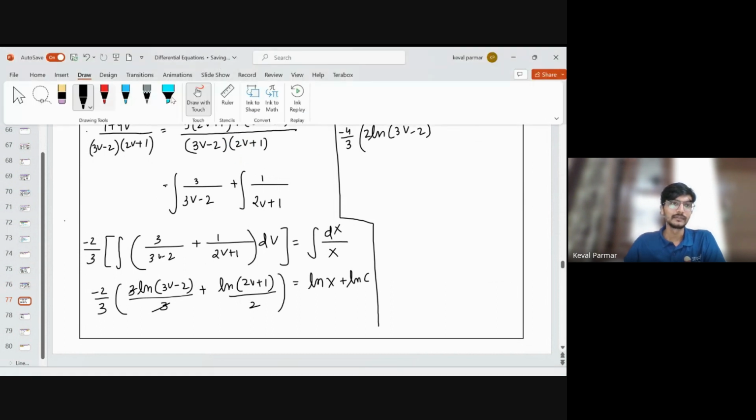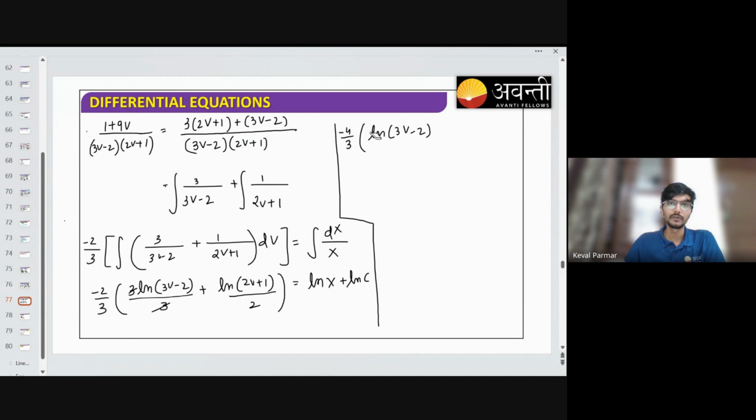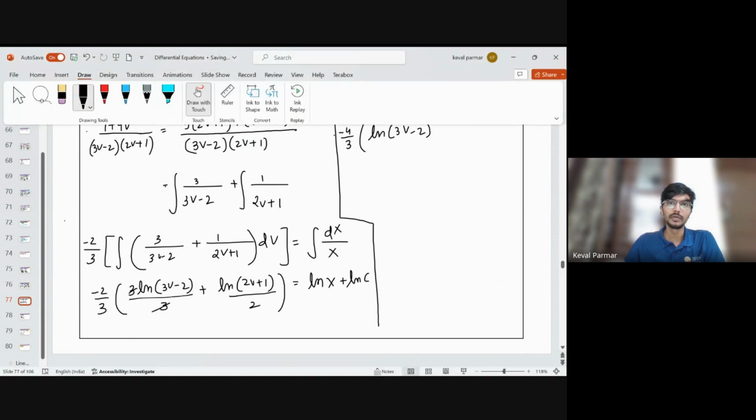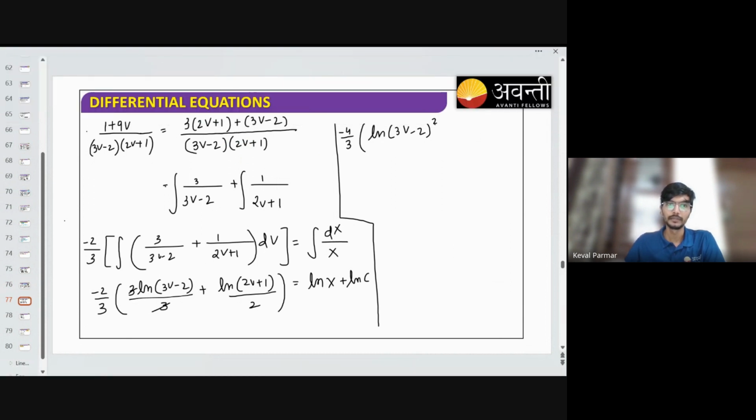I can use the property of log and substitute this as a power, plus ln of 2v plus 1 is equal to ln x plus ln c.